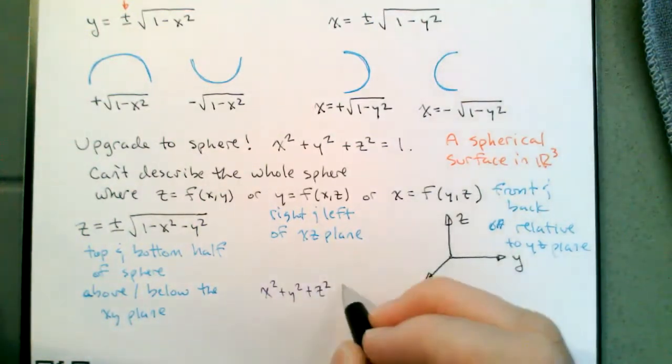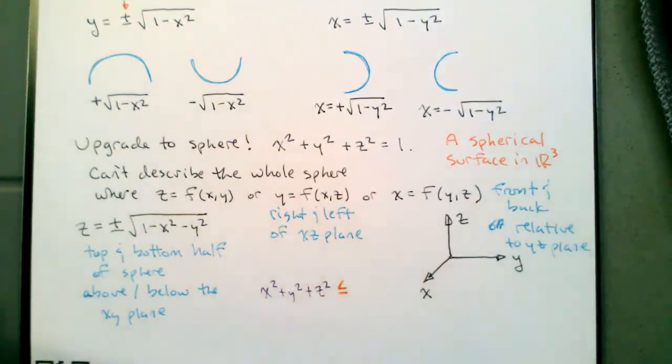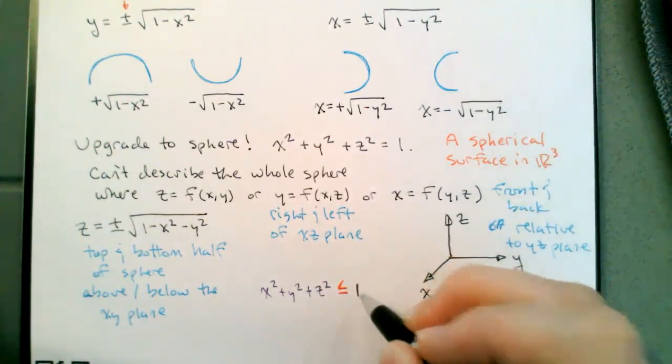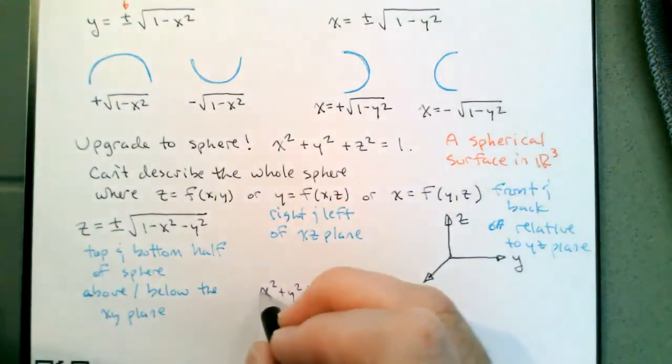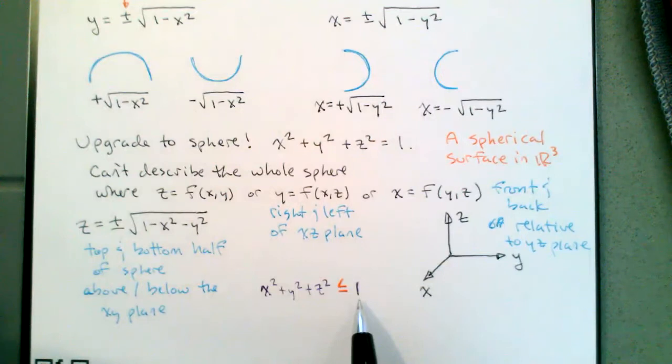So if we write this as less than or equal to 1, this is how we describe all the points that are between 0 and 1 units away from the origin.